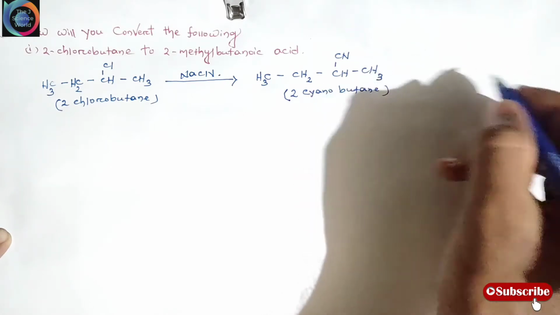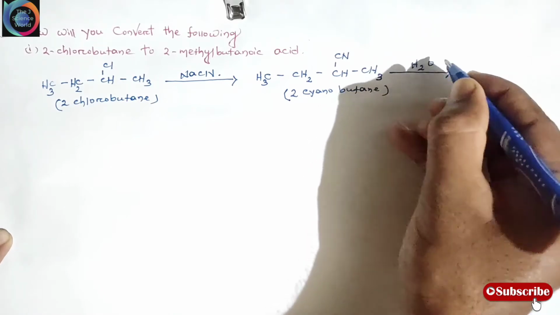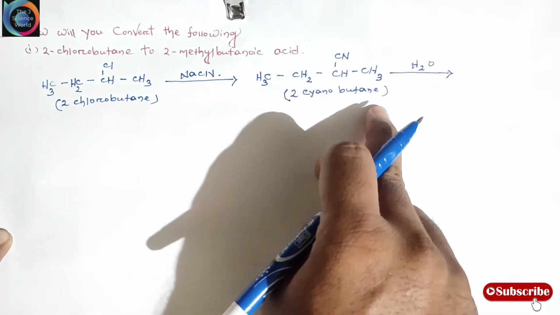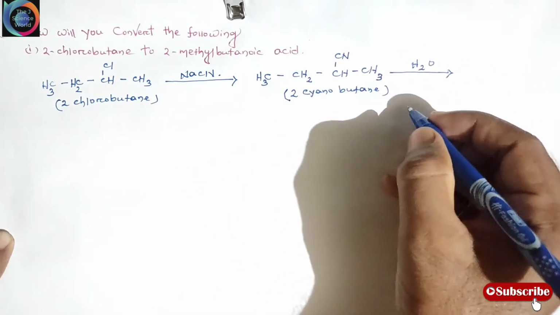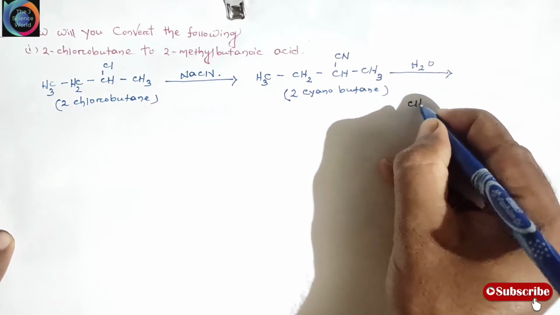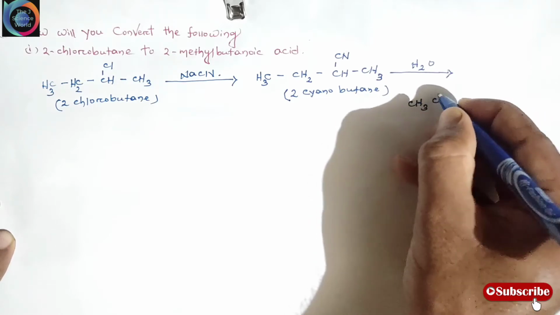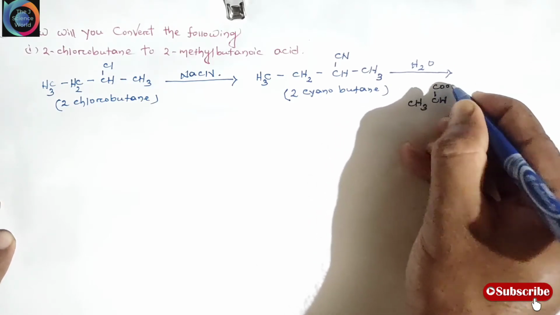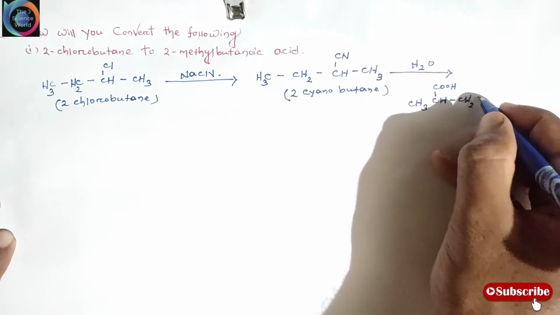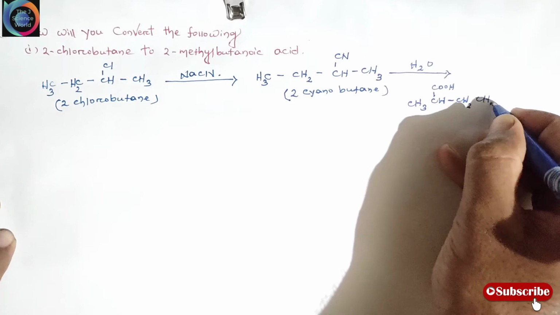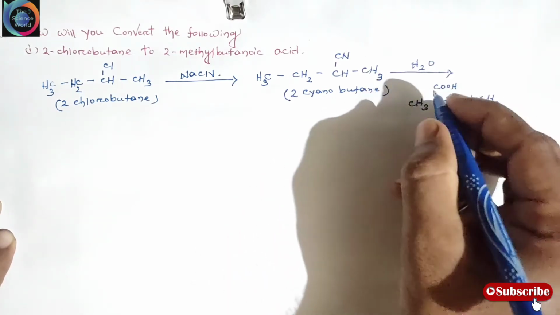This 2-cyanobutane, on acid hydrolysis, yields 2-methylbutanoic acid. This is 2-methylbutanoic acid.